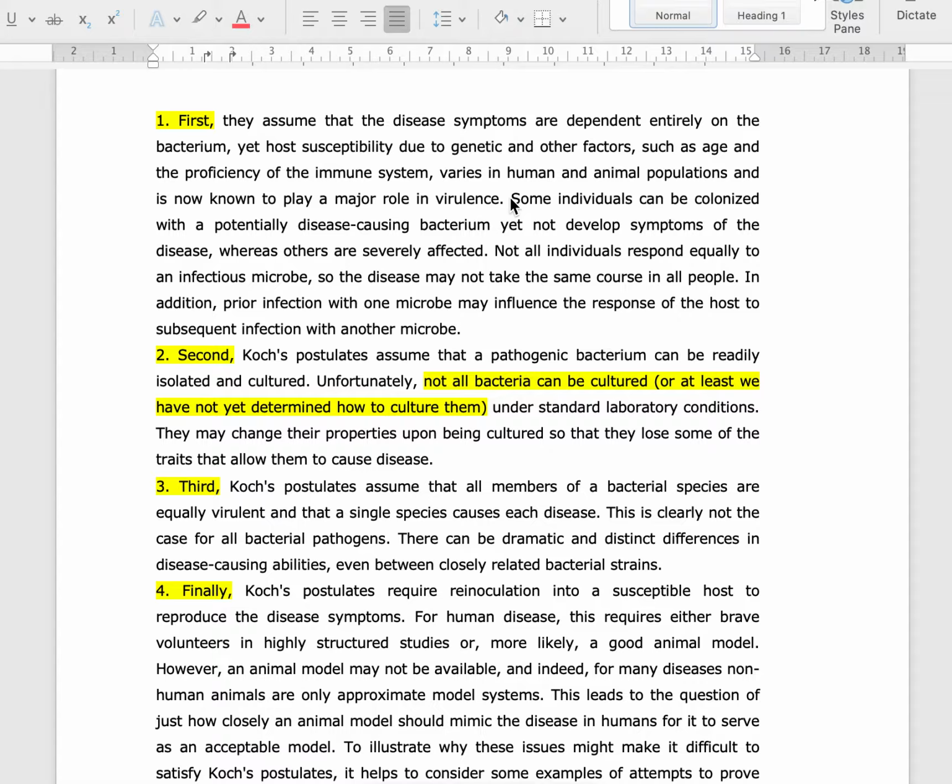Suppose one Bacillus anthracis enters a host, the host will never get the disease. A minimum number of pathogens should infect the host to make the host sick. These things were not considered in the first Koch's postulate.